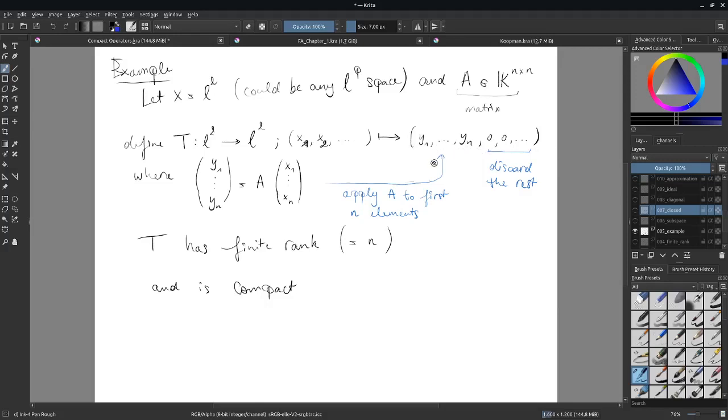These y's are obtained by taking the first n elements of the sequence x. This is a finite dimensional vector, applying the matrix A to it, we get our first n y's, and all the others are 0. So it's very trivial to see that this operator T has finite rank. In fact, the rank is equal to n, therefore it is compact.